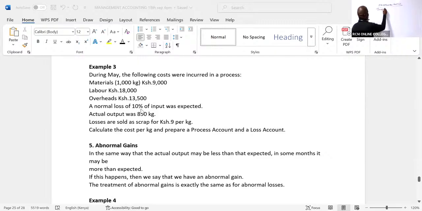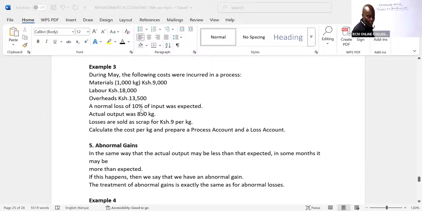A throughput account, which basically is an account which gives us the movement of units. Very, very important: a movement of units account.